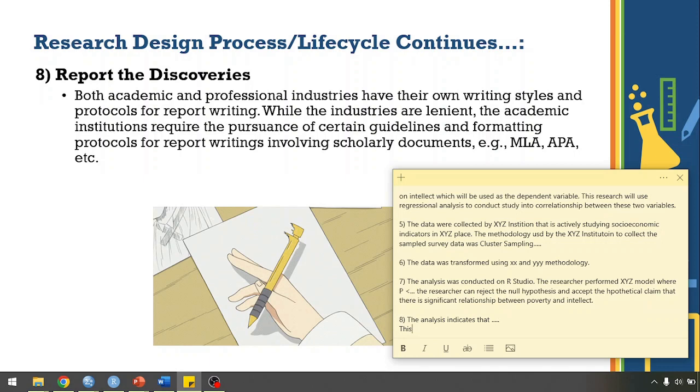If there's anything interesting that you found during the research, this is where you can add and say, let's say, this research also suggests that XX and YY variables need to be factored in for XX impacts.